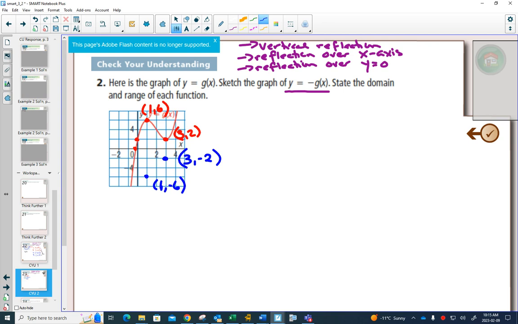With the y-intercept, that one would still get flipped down. Can you see that? But can you see with the x-intercept that our y-coordinate is 0?